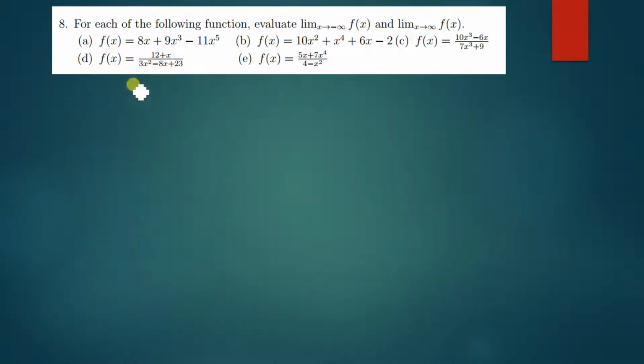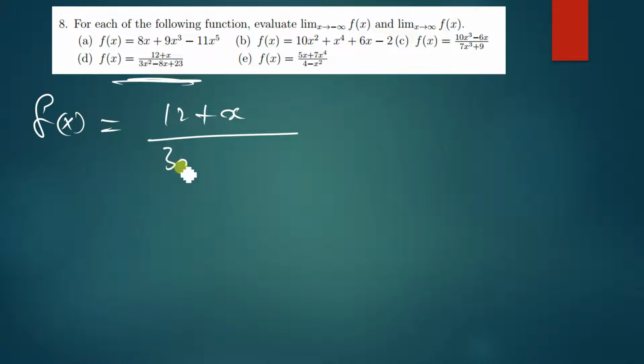The next one is this one here. We have f of x equal to 12 plus x, everything divided by 3x squared minus 8x plus 23. First, you divide everything by the x term with the highest degree.